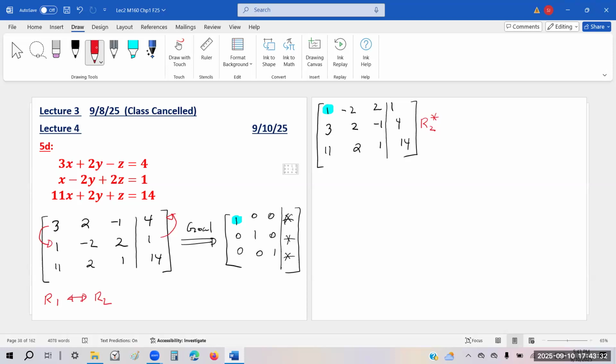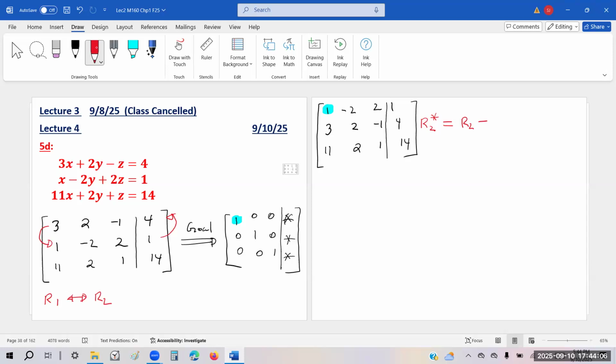Or some people simply use F2 as row 2. I like to use star so that I can see this is a new one, not the old one. So I'm going to change my 3 into 0. That means I have to modify the entire row 2. So the new row 2 will be: I'm going to take the old row 2, the current one, and I'm going to subtract 3 times the first row.